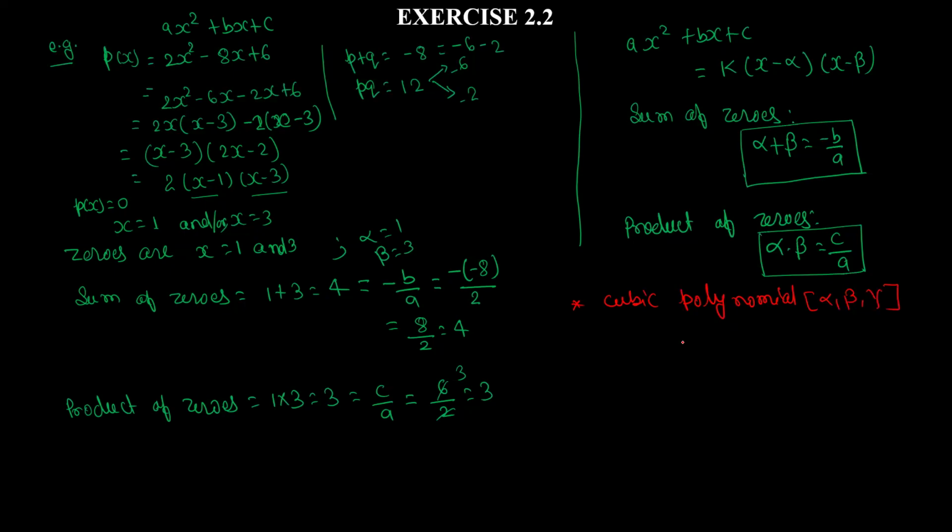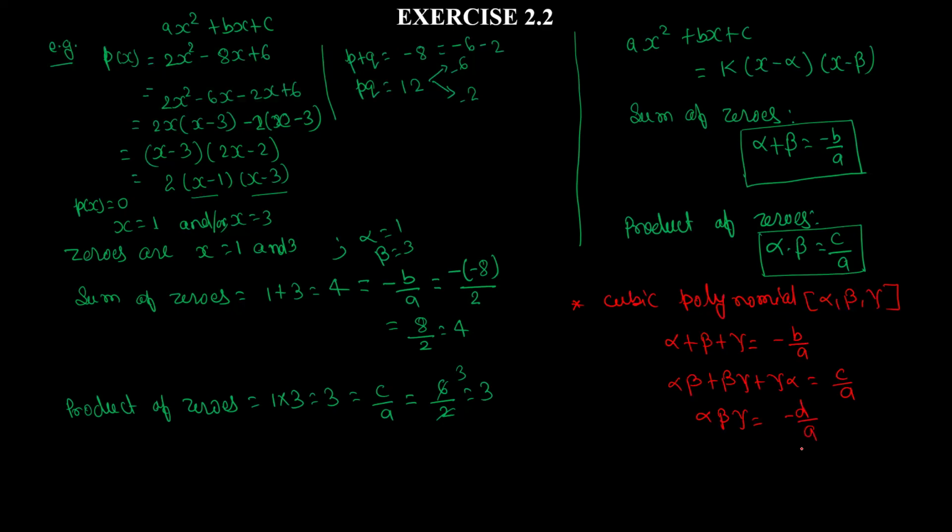So finally here, sum of zeros, alpha plus beta plus gamma is going to be equal to minus b by a, and alpha into beta plus beta into gamma plus gamma into alpha. So it is the sum of the product of two zeros. So that is going to be c by a.